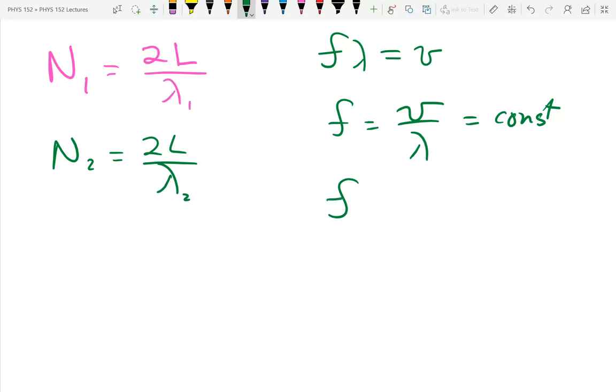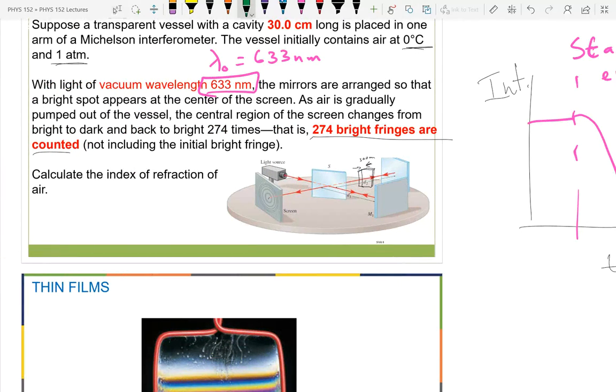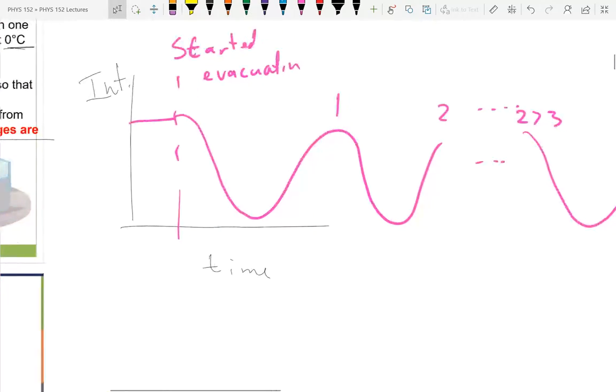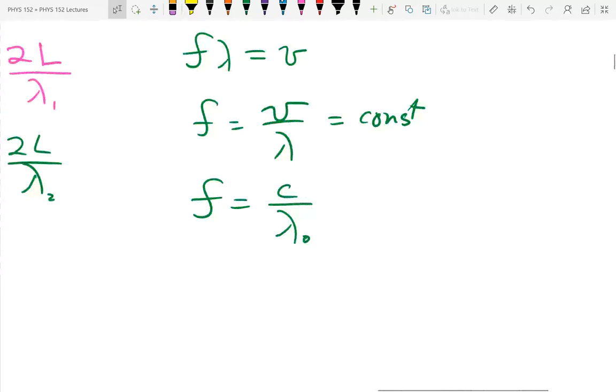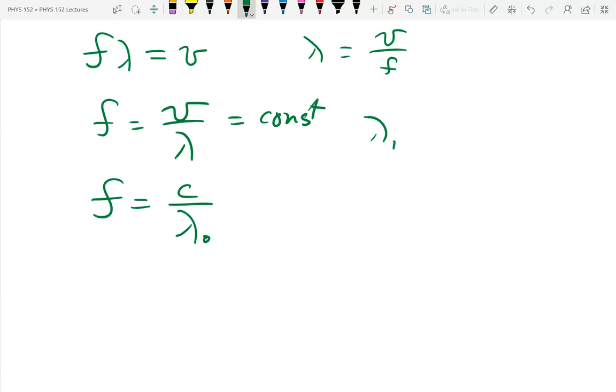And so I will say the frequency is equal to the speed of light in vacuum over the wavelength in vacuum, which is what they gave us here. The vacuum wavelength is 633 nanometers. And then the wavelength is equal to speed of light over frequency. And so wavelength 1 is going to be speed of light 1 over frequency, which would be speed of light 1 divided by c times the wavelength in vacuum.